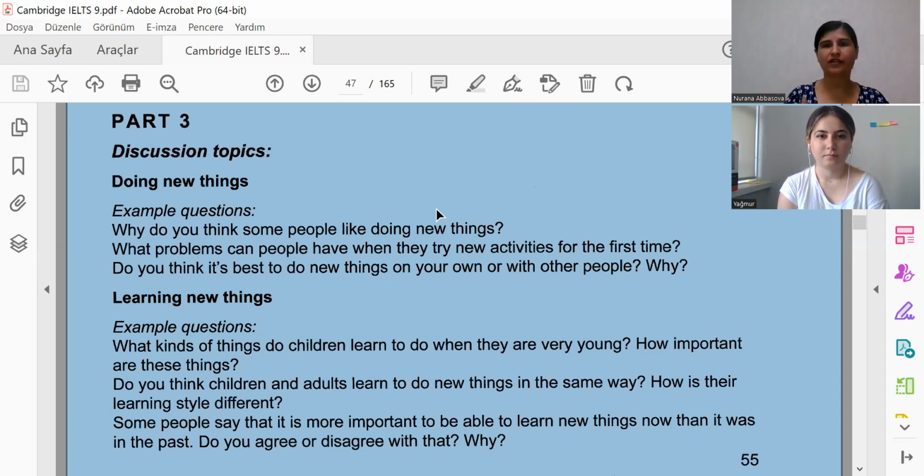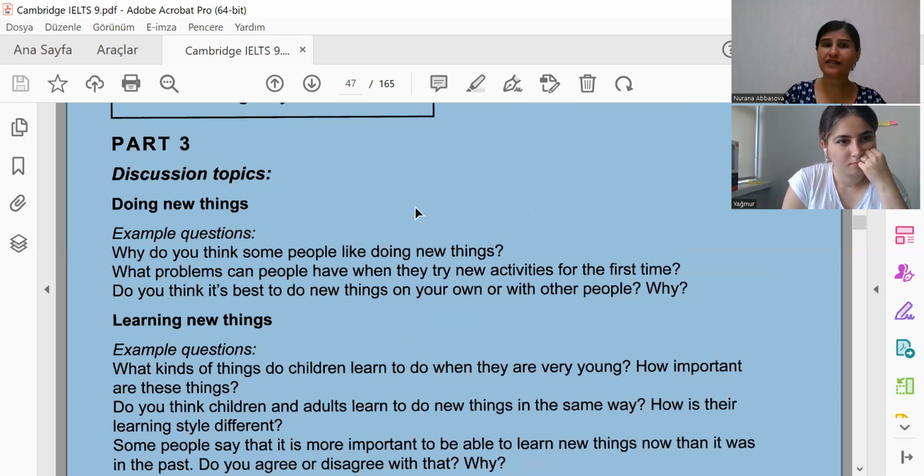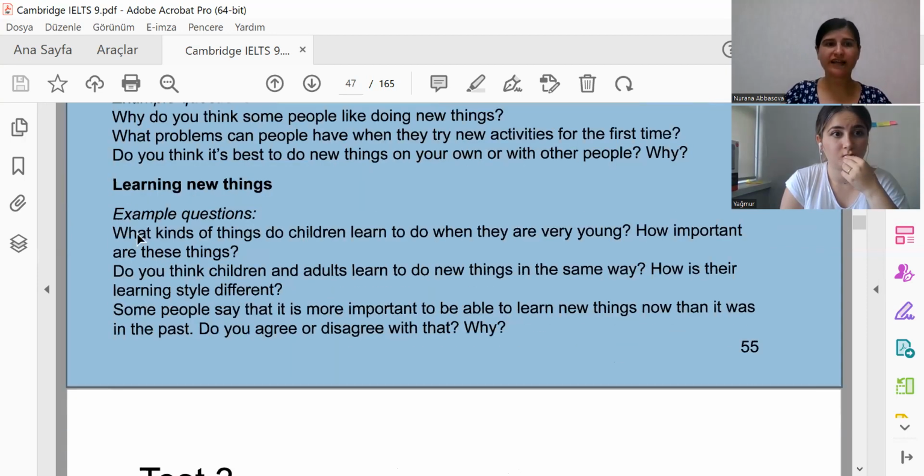First, I wanted to explain you the procedure. The example questions in this part are given to you if your answer is not enough. If your answer is enough, then they go to the next part. They don't ask extra questions. They ask part 3 questions, which are abstract, which you have to use academic vocabulary, etc.